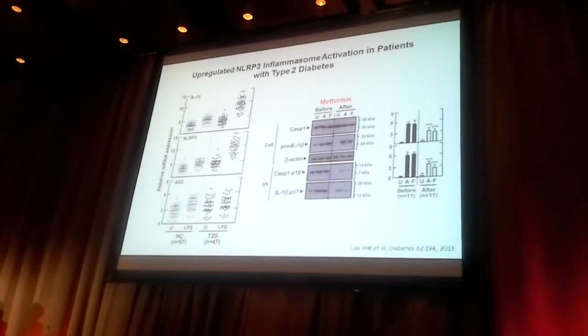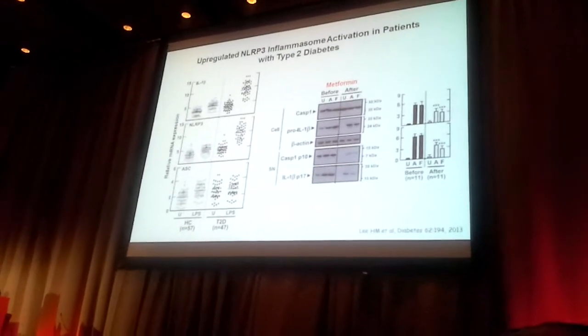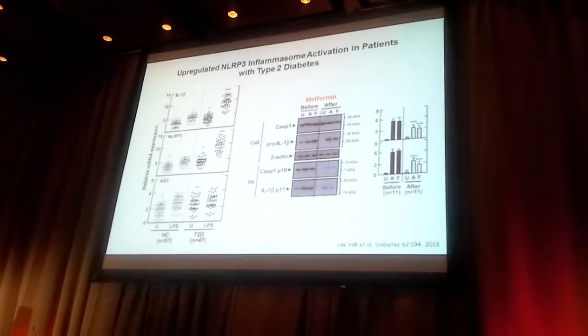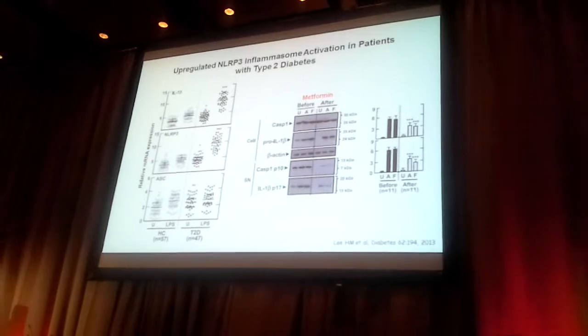When they treated the diabetic patients with metformin for 2 months, in macrophages isolated from the patients, you can see decreased caspase-1 and IL-1 beta expression. It is a quantitation graph.